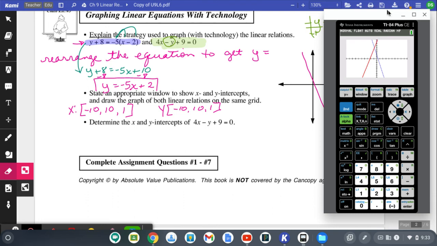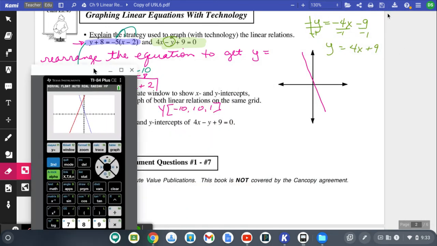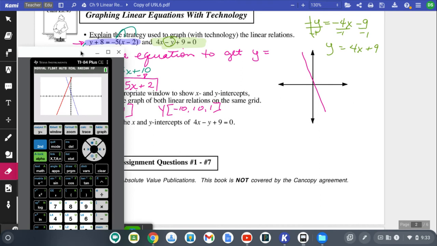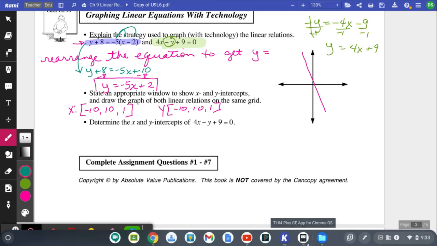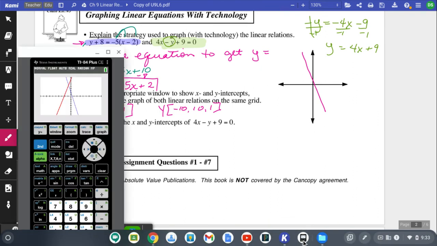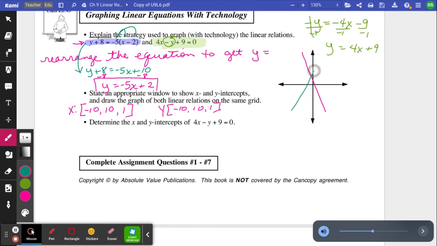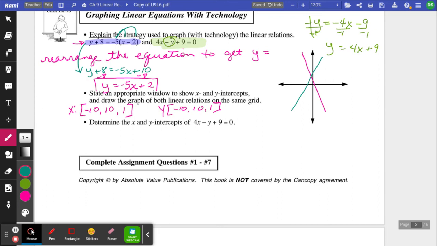Goes the other way, positive slope, you're not surprised. Okay, so then it says, now here's what we have to remember. It says determine the x and y intercepts of 4x minus y plus 9.